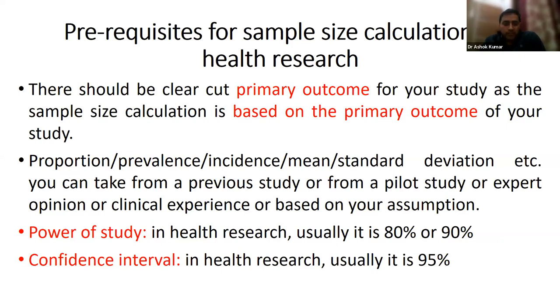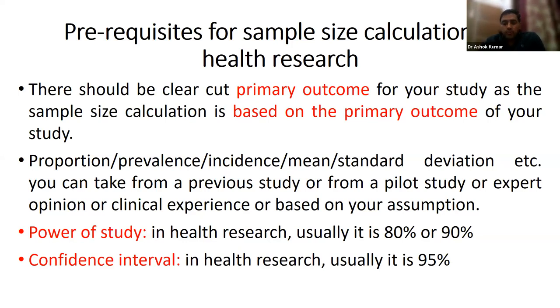Proportion, prevalence, incidence, these are for qualitative or categorical variables. Okay. Type of data or variables. Mean and standard deviation, these are for quantitative type of variable. You can take them from a previous study or from a pilot study or expert opinion, your clinical experience, or even on the basis of your assumption.